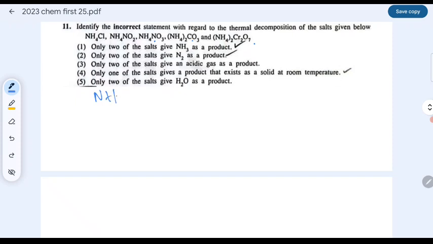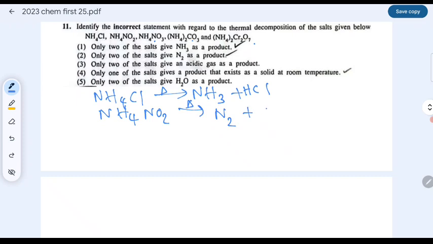Ammonium chloride, when you thermally decompose it, it gives ammonia plus HCl. Then ammonium nitrite, when thermally decomposed, it gives N2 and water.